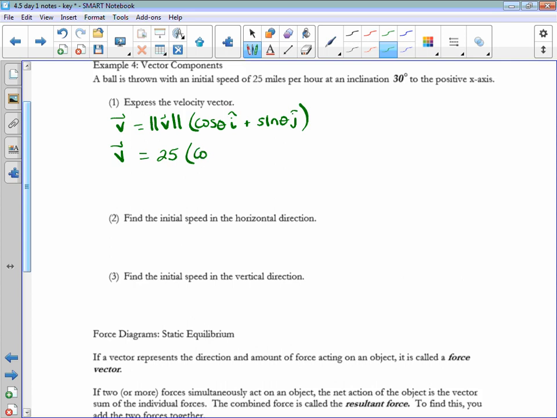So cosine of 30, sine of 30. You do not need a calculator for this. So what's the cosine of 30?